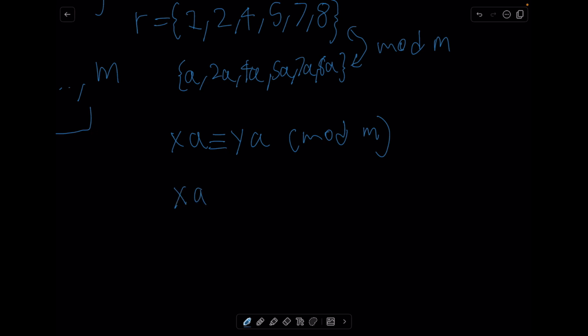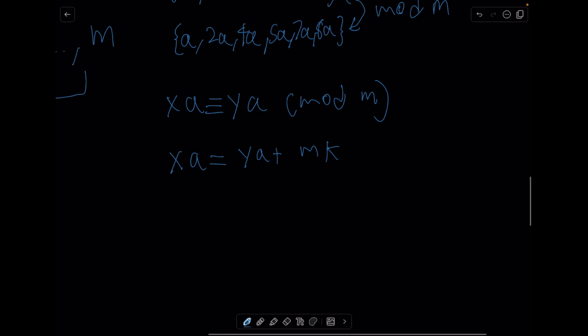It just means that x times a is equal to y times a plus a multiple of m, for some integer k. And since both sides of this expression are integers, we can divide by a, so we'll get x equals y plus m times k over a, and this part has to be an integer.